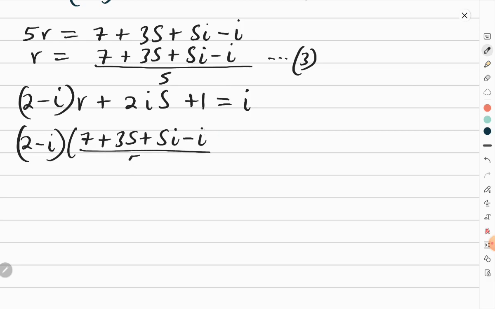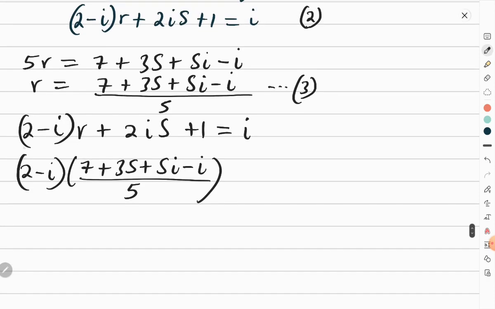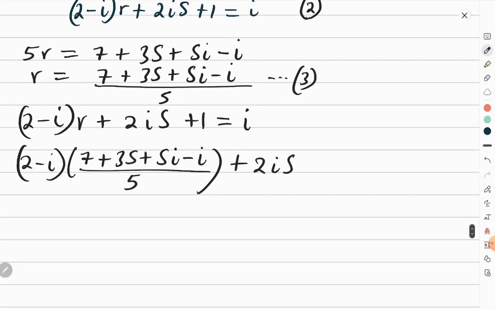No, not 7, but 5. Then we have simplified it parallel. Then plus 2is plus 1, then is equal to i. So it's all there. But anyway, we can just take this i to the other side so that we can have something simplified equal to 0 there.